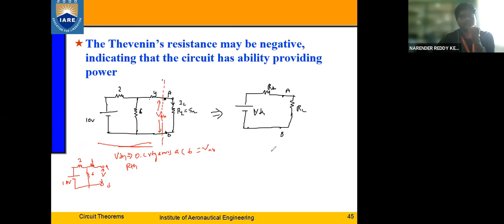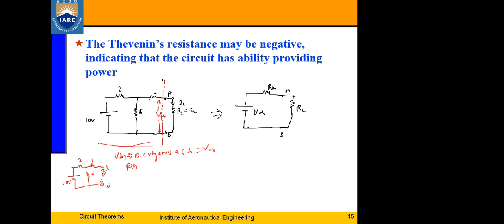Can you find the value of voltage drop across A and B, VAB? So V is equal to IR. What is I and what is R here now? Which resistance has to be considered? RTH?